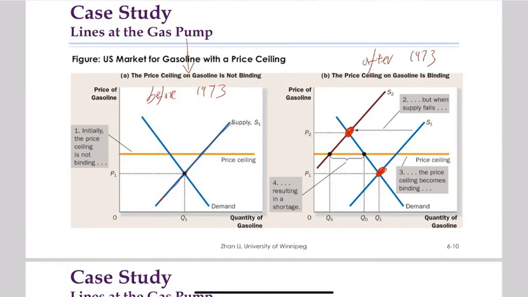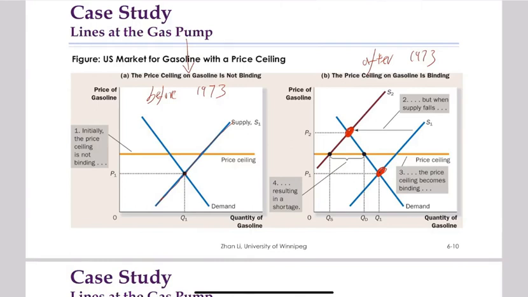In this case, you can see that if the price ceiling stays the same, then the equilibrium has moved. That is, the equilibrium price changed from P1 to P2. So you can see that now, because of the movement of the equilibrium, the price ceiling became lower compared with the market equilibrium price of P2.